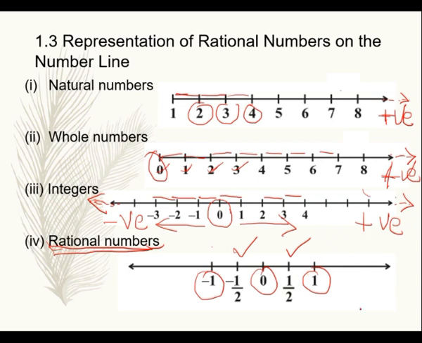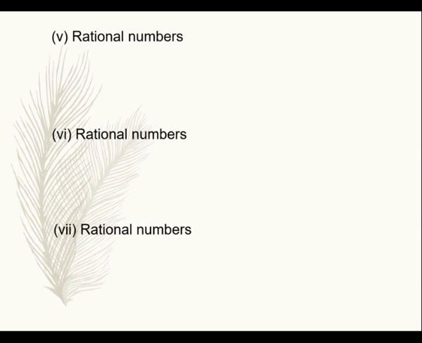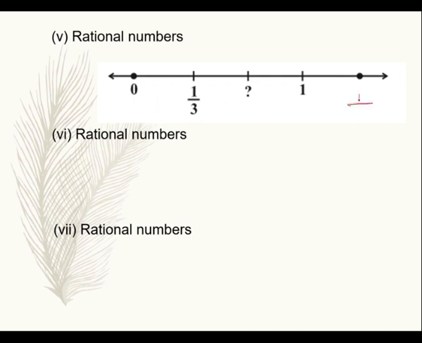Now, children, one by one, we will learn rational number lines. First one: here I have shown you a number line, on the positive side. From 0 to 1 I have made some parts.